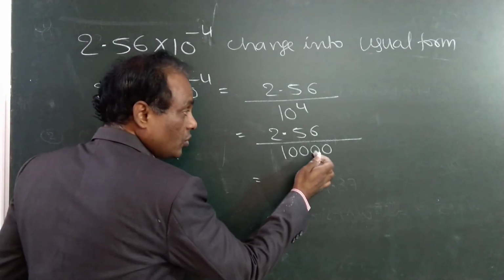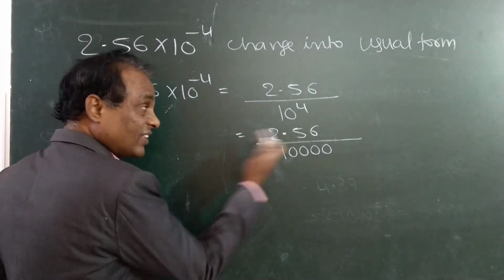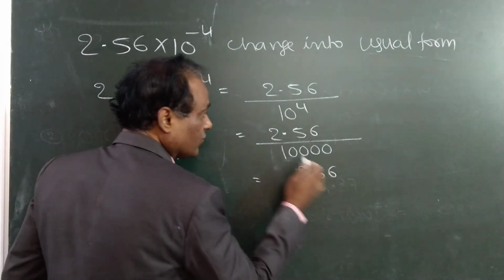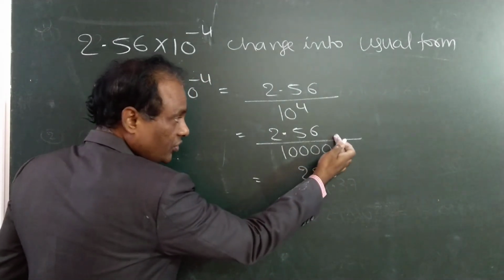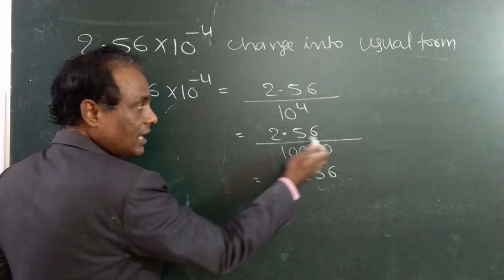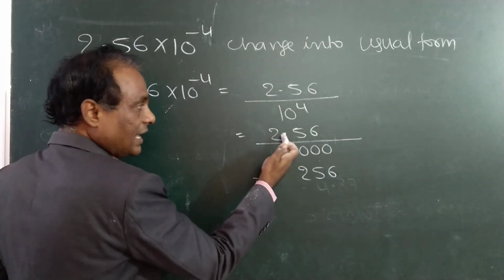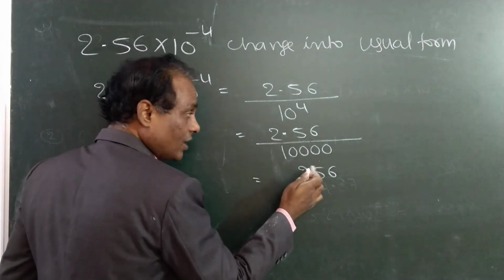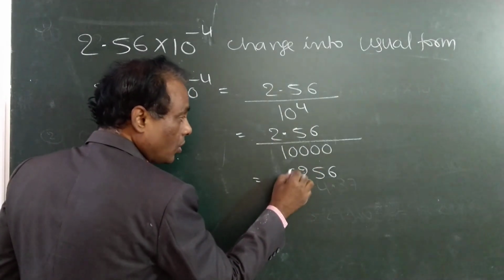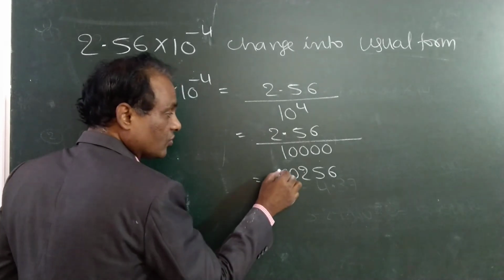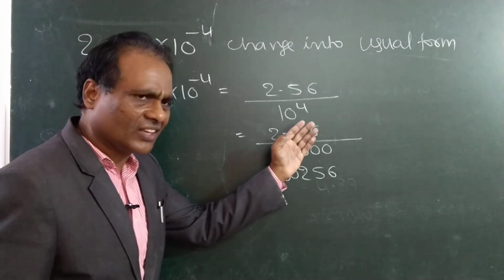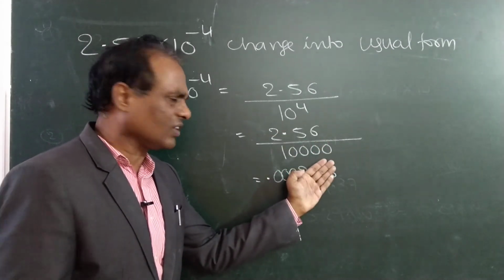See, if you are removing the 4 digits, so the decimal will change 4 places. This is 256. The decimal is here. So if you remove 1 zero, the decimal will come here. Another zero, another place. Like that, 4 zeros, so 4 places it will change. Only one place is here. So one more place, one more place, one more place, decimal. So the decimal is here. 5 6 you need not look at it. 5 6 is no problem.